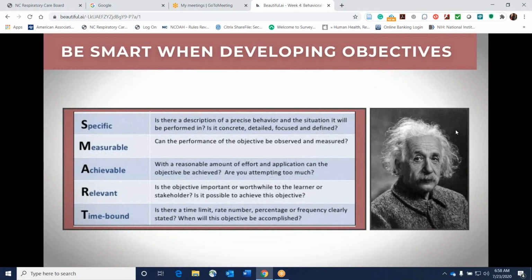Because if it's not achievable within the time frame that you have set forth, that's why it's time-bound, you run into an issue of not being able to accomplish your goal, and then it becomes frustrating. But that's also why you do a gap analysis and the SWOT analysis, to help you identify those issues and hone in on what you need to do as to the relevancy to what you're doing.